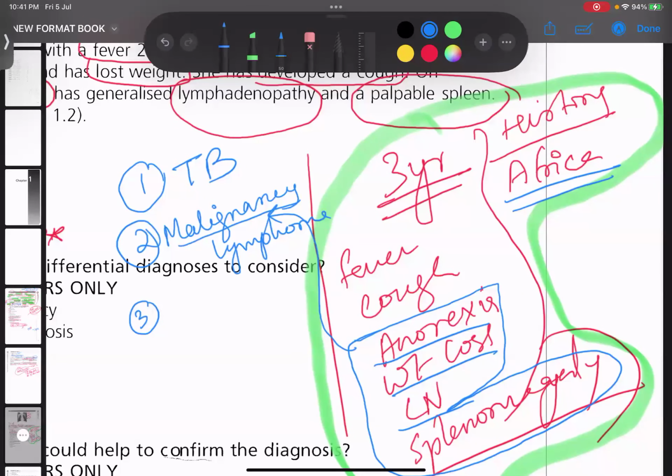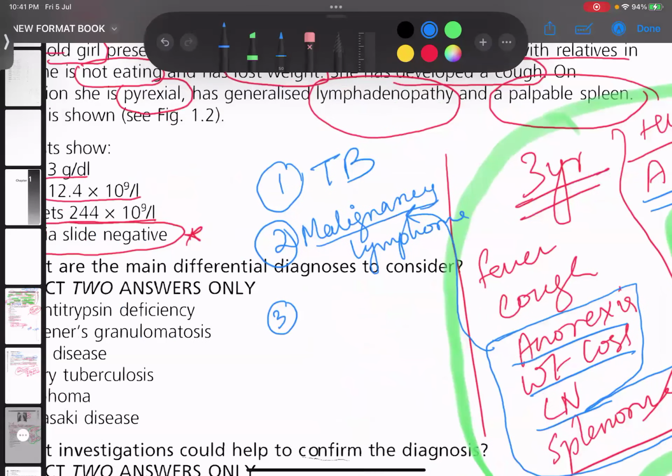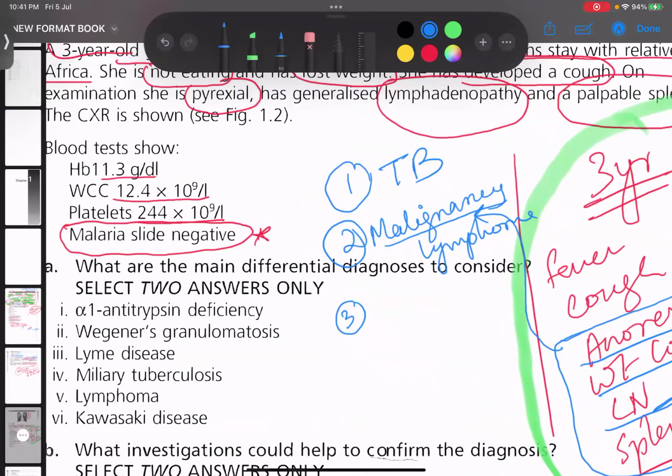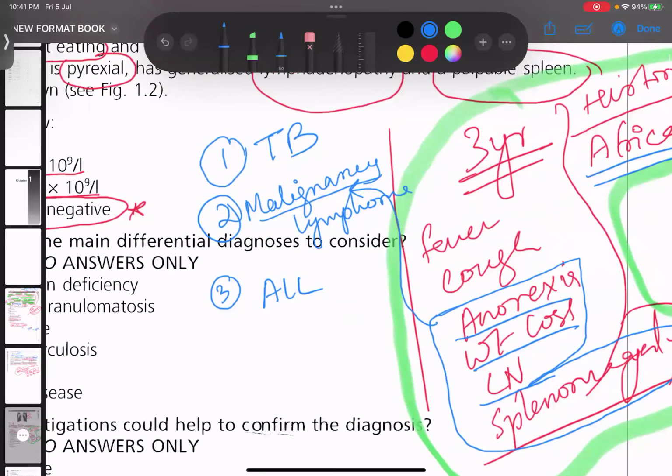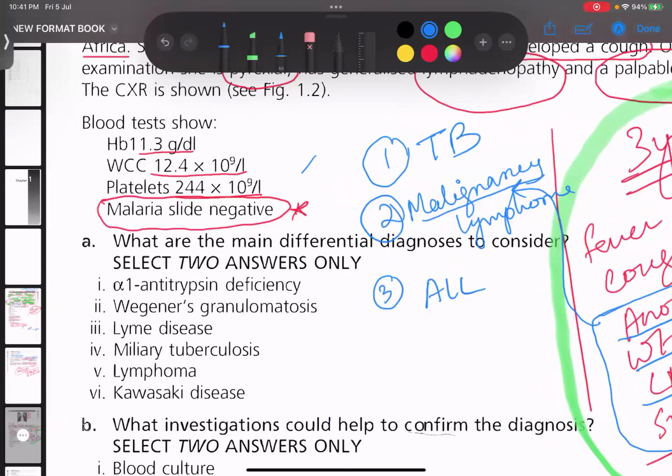A 3-year-old girl coming to us. Can we consider leukemia? ALL, acute leukemia. Yes, clinically we have to consider this, but then again, they have excluded the malaria slide. Along with that, the hemoglobin, WBC and platelets are normal. So ALL clinically is not excluded, but depending on the investigation findings we will exclude ALL.